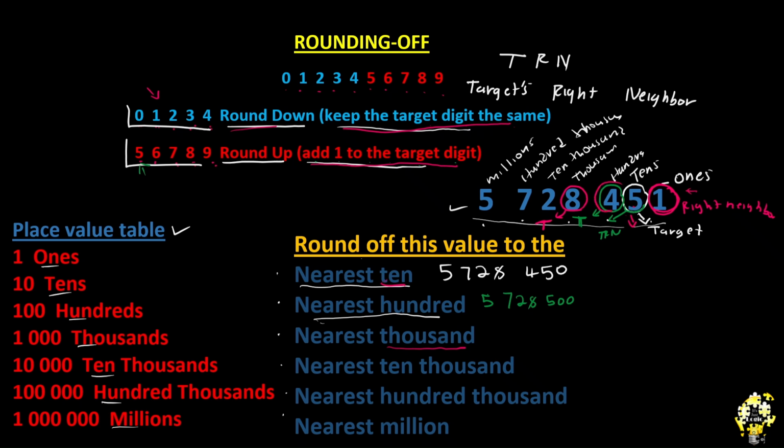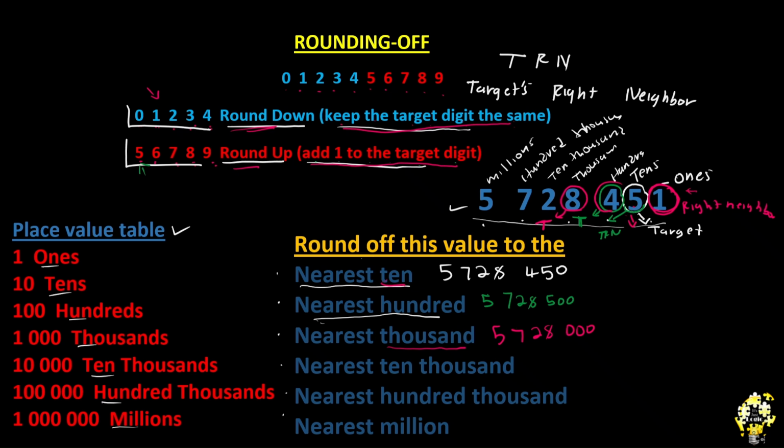So let's ask ourselves, does it fall under round down or does it fall under round up? Here, it falls under round down. What does round down say? It says keep the target digit the same. So the 8 must stay the same, meaning that we are going to have 5 million, sorry about that, 728,000.